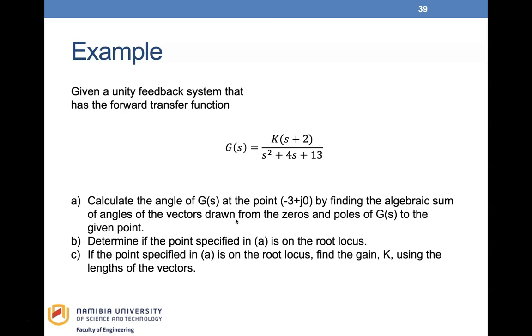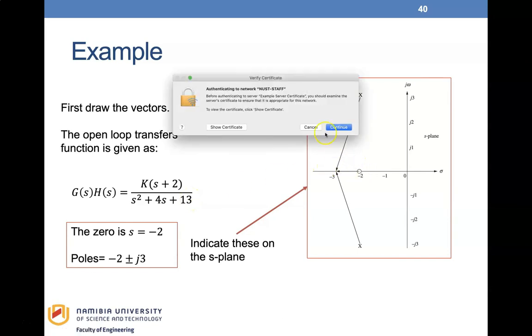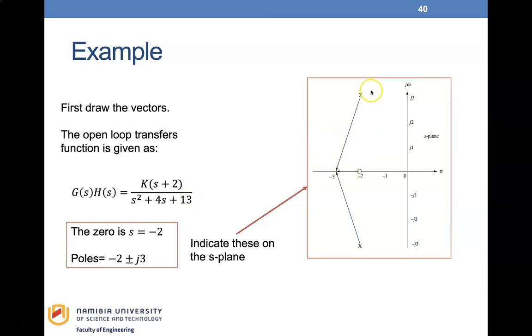The open loop transfer function is given as G(s)H(s), which is equal to K(s plus 2) over s squared plus 4s plus 13. Therefore, we have one zero at -2 and two poles at -2 plus or minus j3. We can then draw the vectors as shown in this figure.